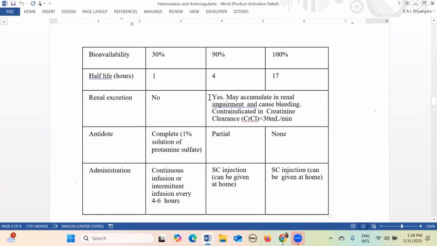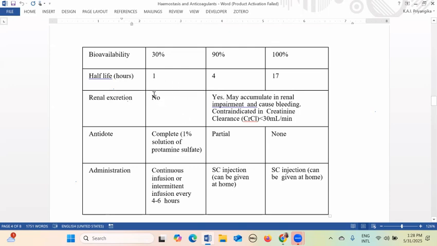Renal excretion happens with low molecular weight heparin, and fondaparinux may accumulate in renal impairment and cause bleeding, so it is contraindicated in renal failure. But unfractionated heparin is not excreted through the renal system.